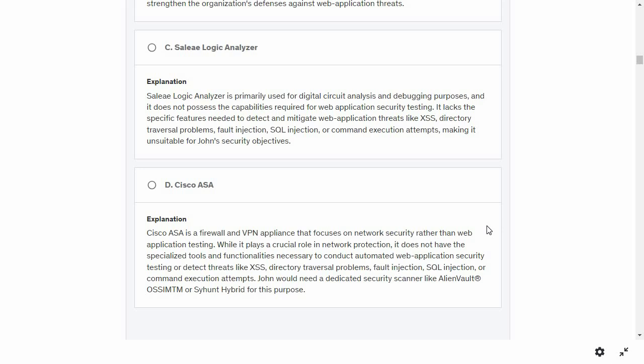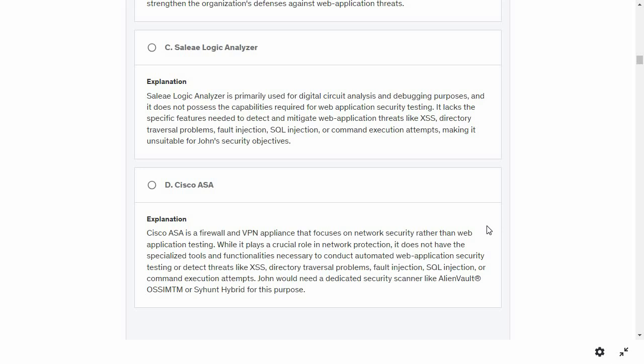Cisco ASA is a firewall and VPN appliance that focuses on network security rather than web application testing. While it plays a crucial role in network protection, it does not have the specialized tools and functionality necessary to conduct automated web application security testing or detect threats like XSS, directory traversal problems, fault injection, SQL injection, or command execution attempts.